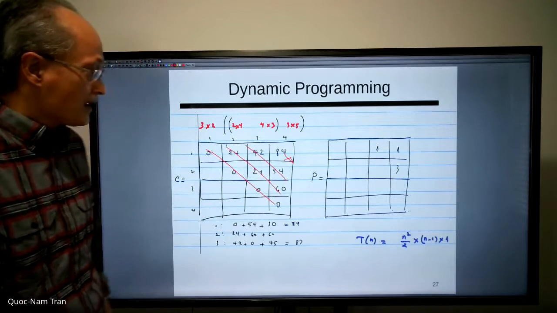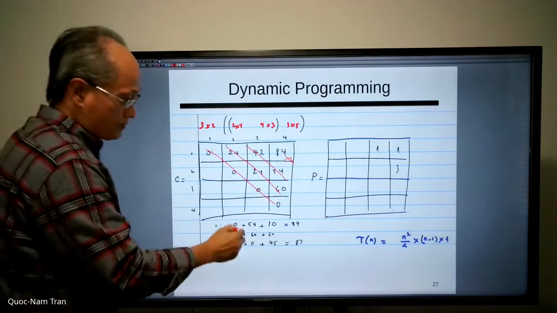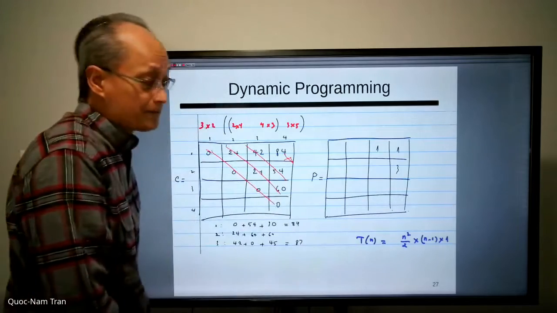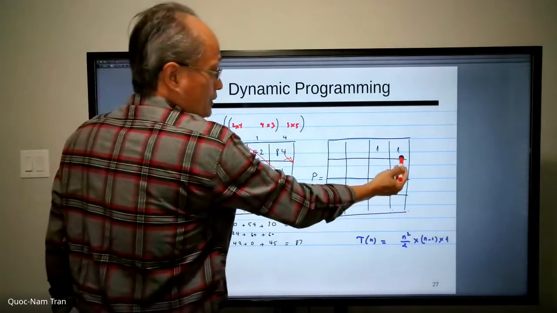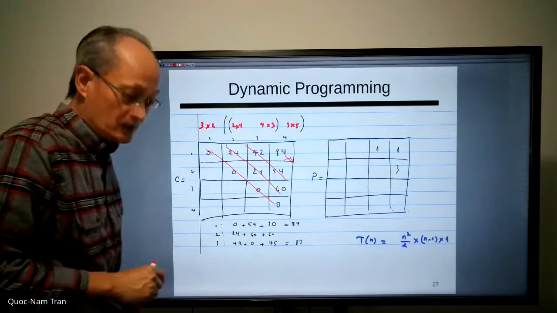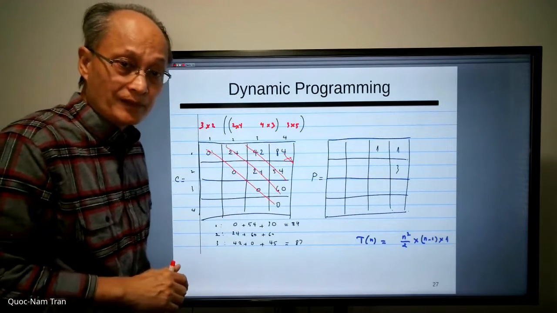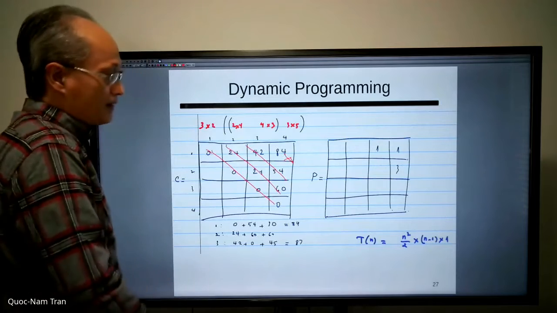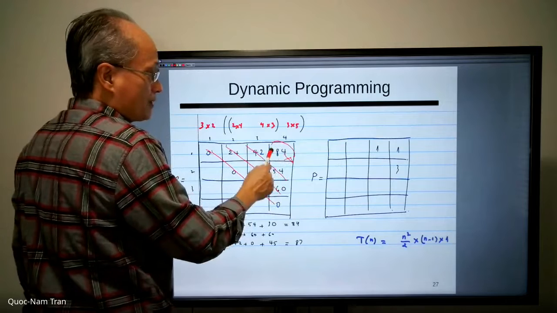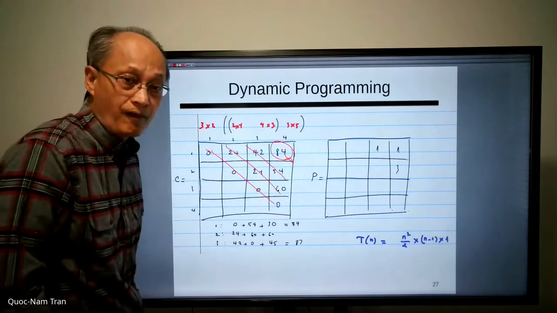Here we have the cost matrix, and here we have the position matrix. On the position matrix, we keep track of where we did the partition in order to have the smallest value. So after we have this matrix, we know that the smallest number of multiplication is 84.